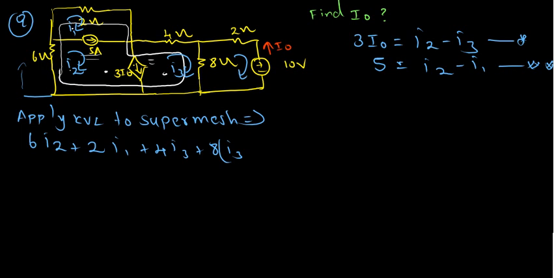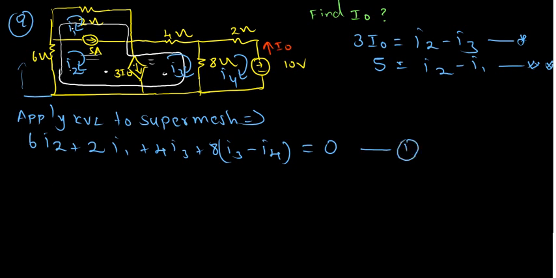The direction is not a problem; if you have the wrong direction, you will just get a negative sign. This equals 0. So this is one of our equations.